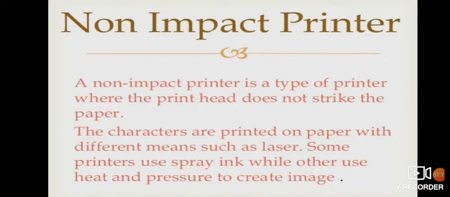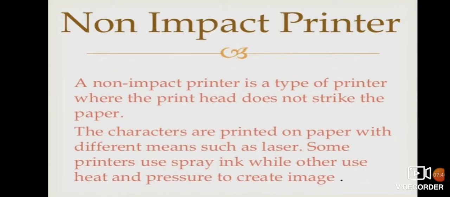So we will start our next category, non-impact printers. A non-impact printer is a type of printer where the print head does not strike the paper. The characters are printed on paper by different means, such as laser.